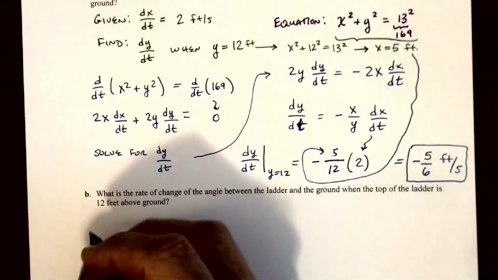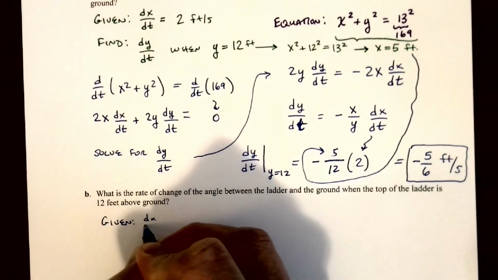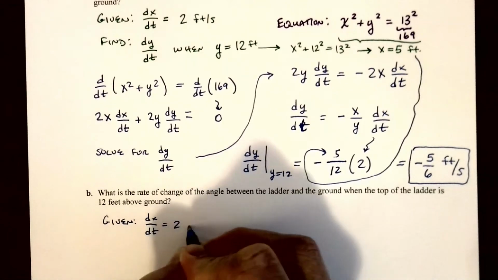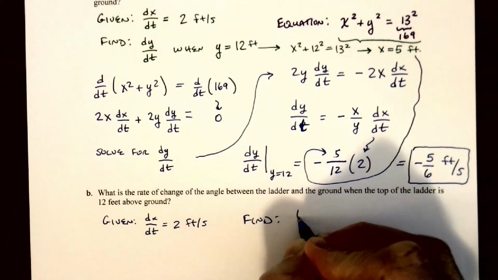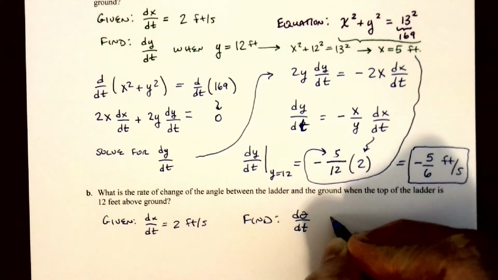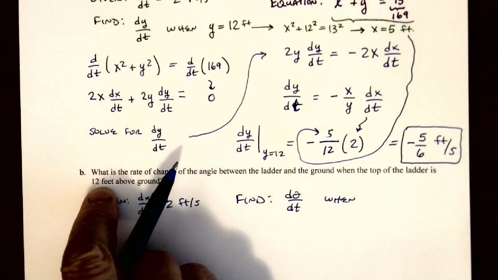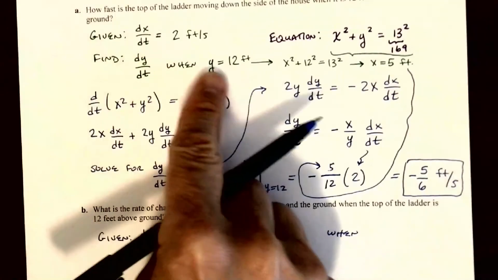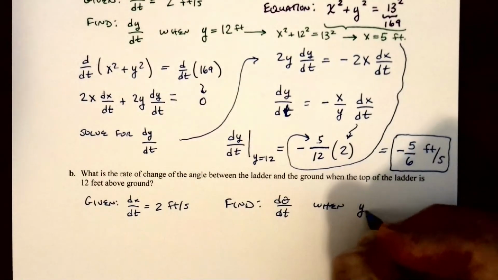So again, down here, we're given the same rate. And this time we're asked to find d theta dt. Again, when the ladder is 12 feet above the ground, same thing, when y is 12.